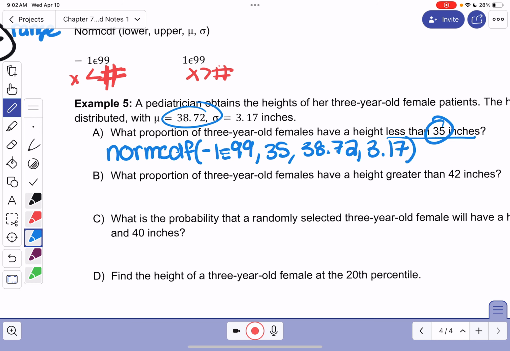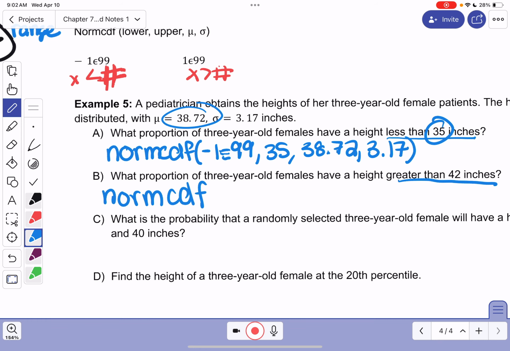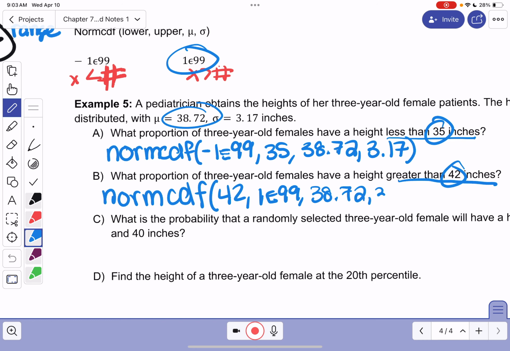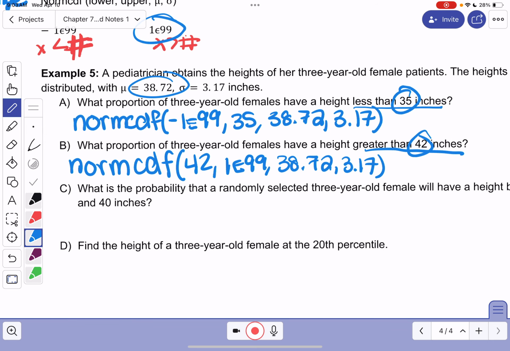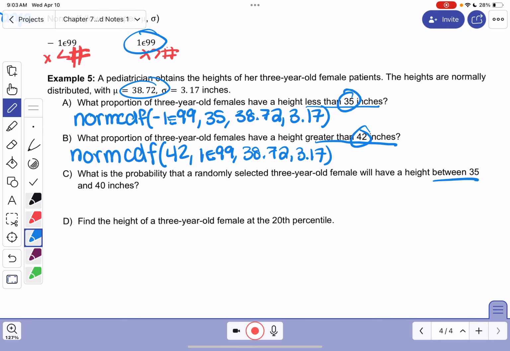For B, greater than 42, we would do norm CDF. But this time we're greater, so 42 is our lower limit, and we're going to go up forever, so we put 1E99 here. And then our mean and standard deviation are still the same. Then here we're between 35 and 40, so we do norm CDF, and we just put those two numbers as our lower and upper.